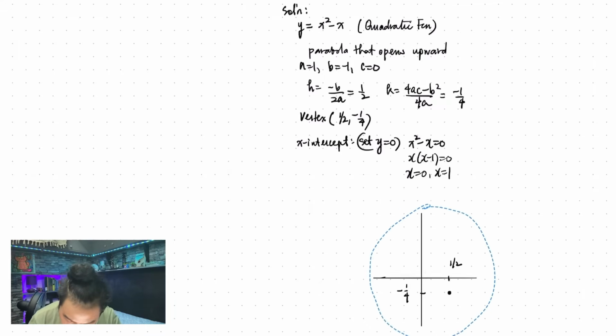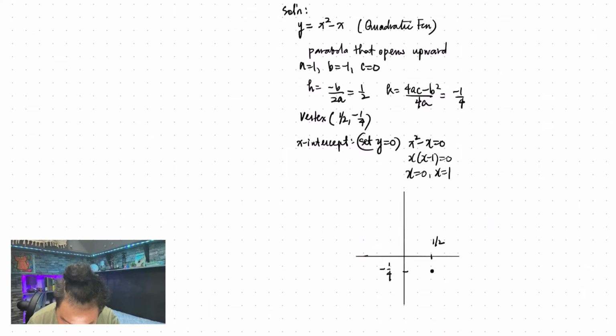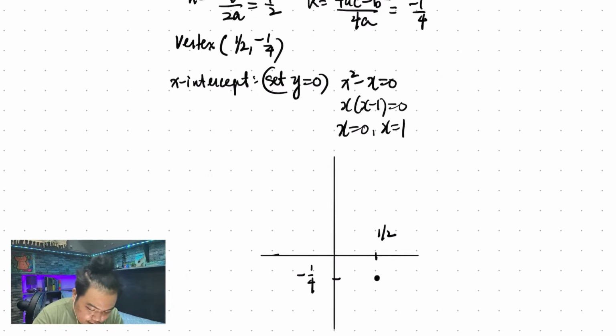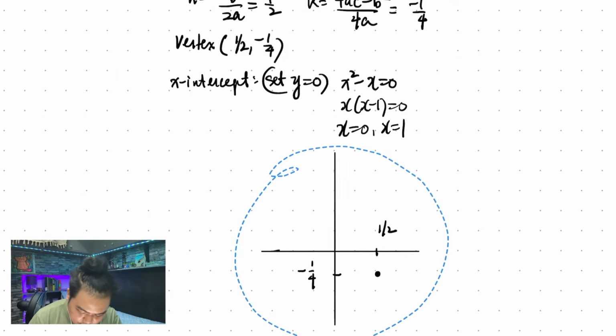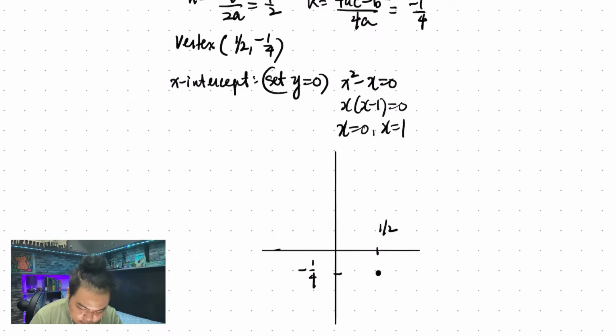Usog ko tong drawing natin, ha? So, gaano kalaki yun? Extend nga natin drawing ko. Nilalakihan ko para hindi mahirap mag-drawing. So, eto si 1, dadaan dyan, tsaka kay 0. Actually, yan na rin yung y-intercept, no?